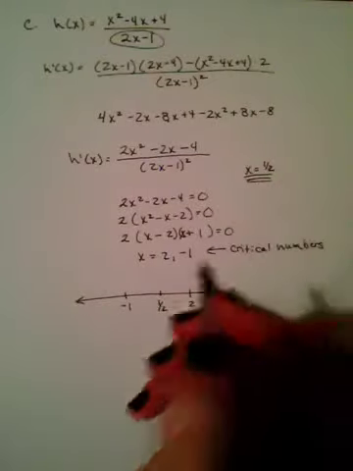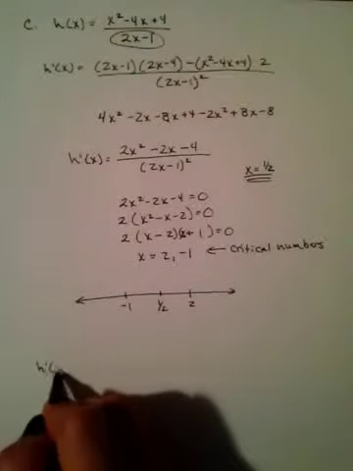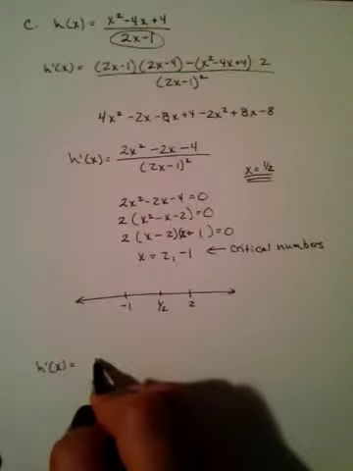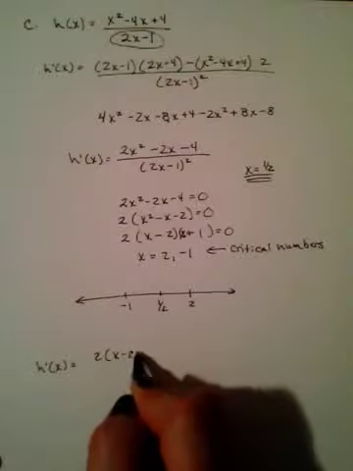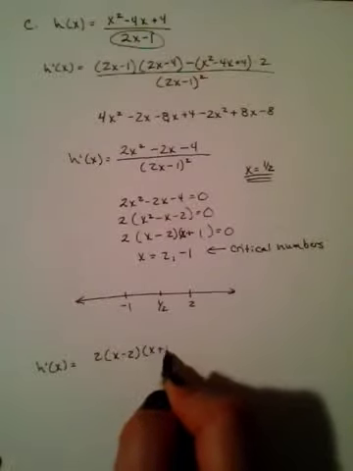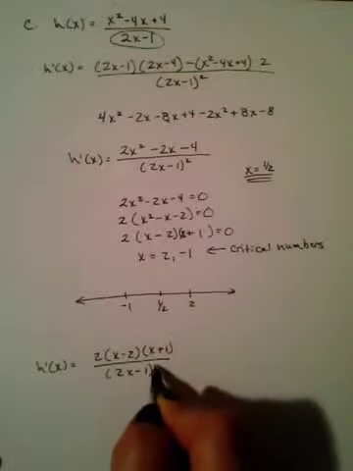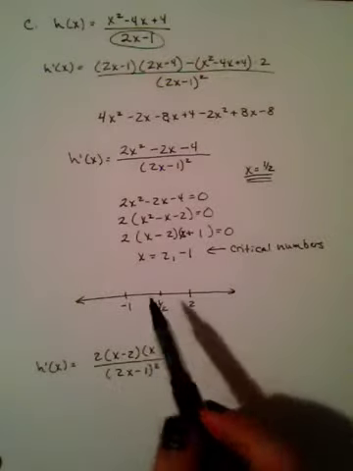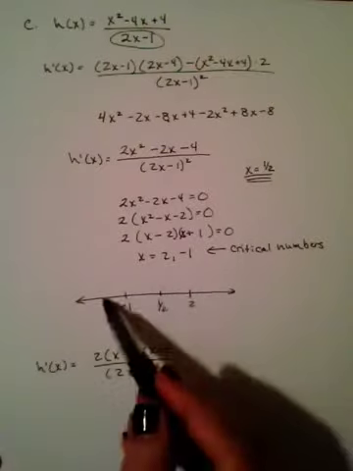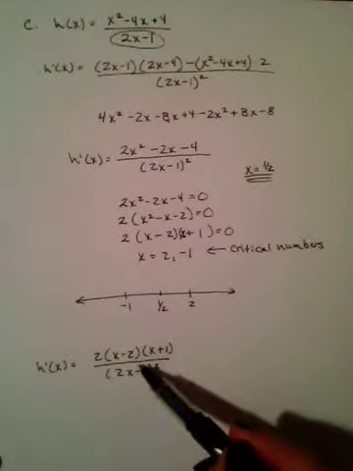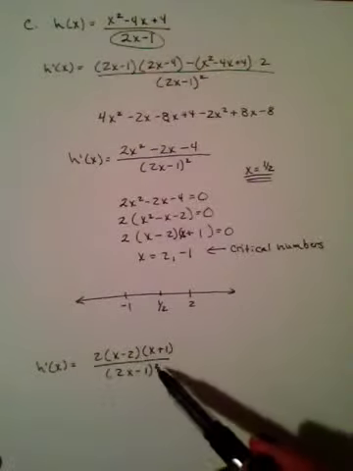Now the factored form of my derivative would be h prime of x equals 2 times x minus 2 times x plus 1 over 2x minus 1 squared. Now I'm plugging in values from these intervals, and I've got 4 intervals, into this derivative to see if my derivative is positive or negative.